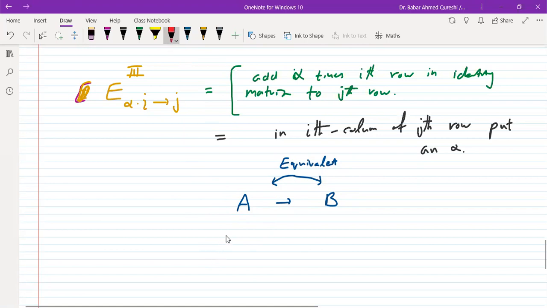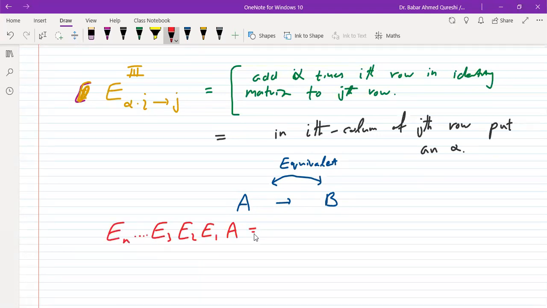So this sequence of row operations I can achieve by a sequence of these elementary matrices. There will be a bunch of row operations, and they can be achieved by multiplying by these elementary matrices one by one. So the first one does the first row operation, the second one does the second, and the third, and so on, until finally I'll get my matrix B.